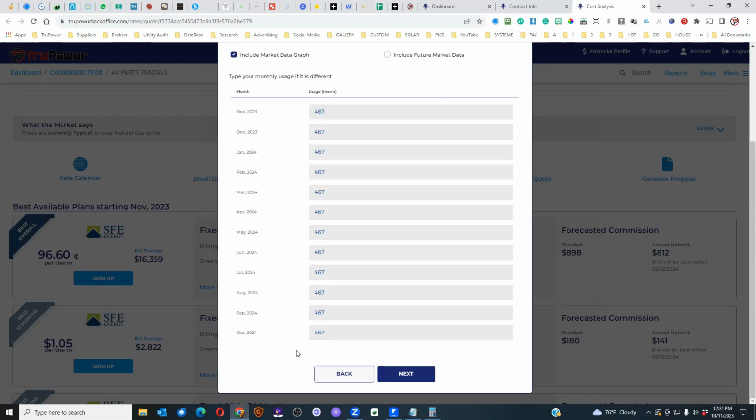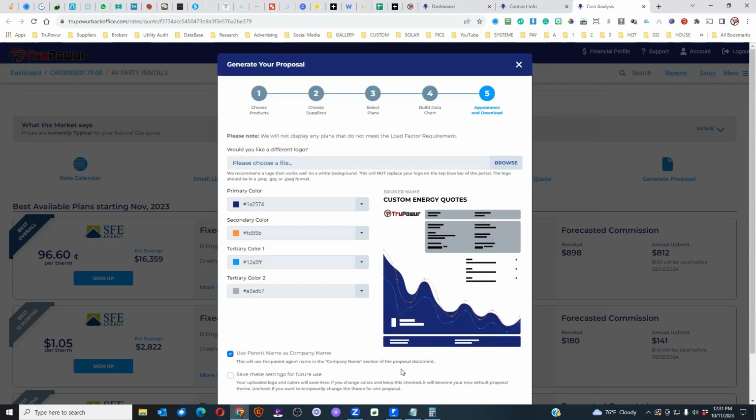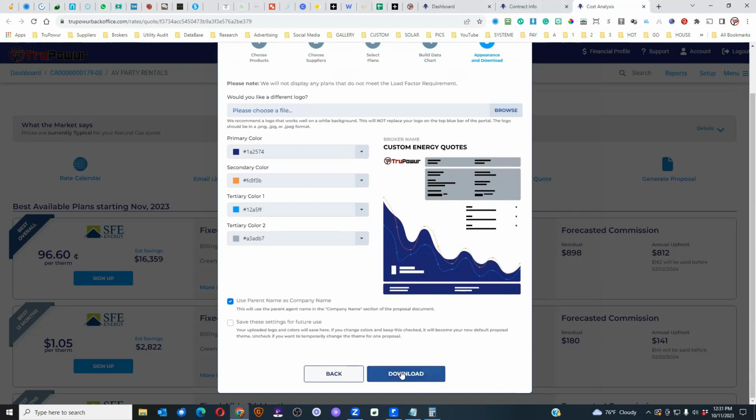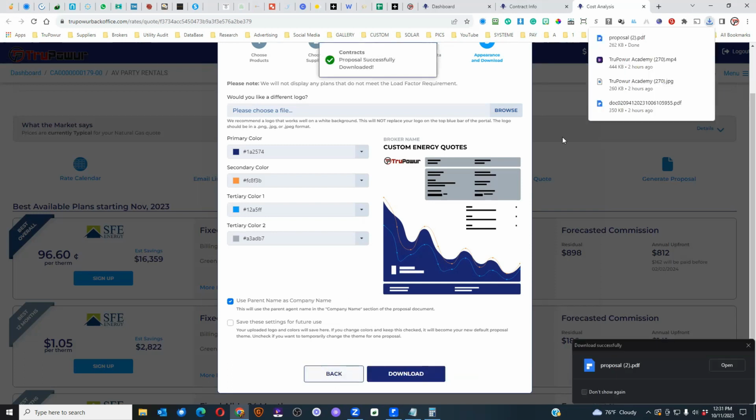So you can update that. For the sake of this training, I'm just going to go ahead and hit submit and then hit download so that you can see what that proposal would look like so that you know how to send that to the customer.